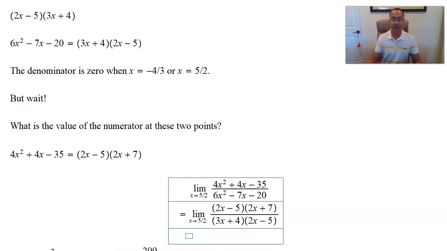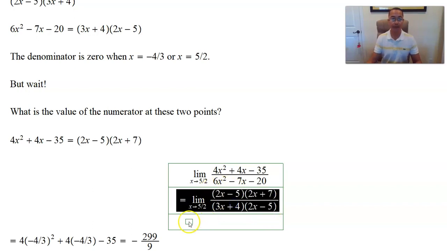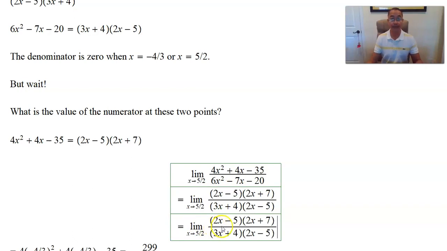But we are taking a limit, so we are not exactly allowed to plug in 5/2 exactly, which means that these two expressions, both of which are 2x minus 5, are not 0. They're close to 0, but they're not 0. So we are still allowed to cancel them because we're not canceling out zeros. Those two can go away.